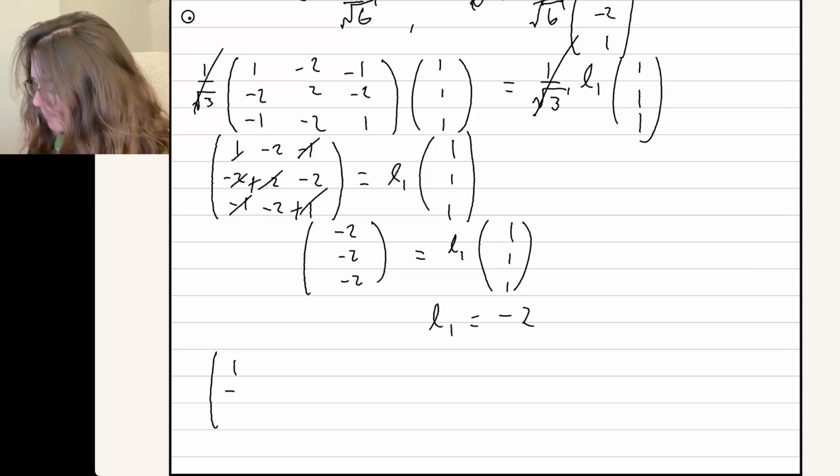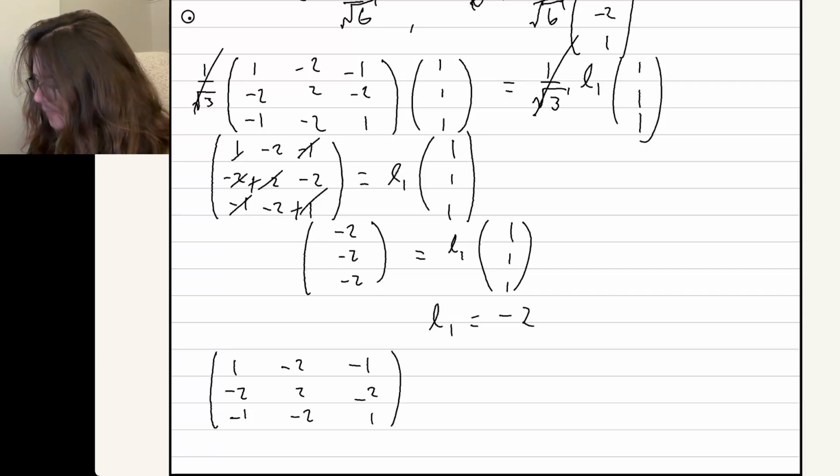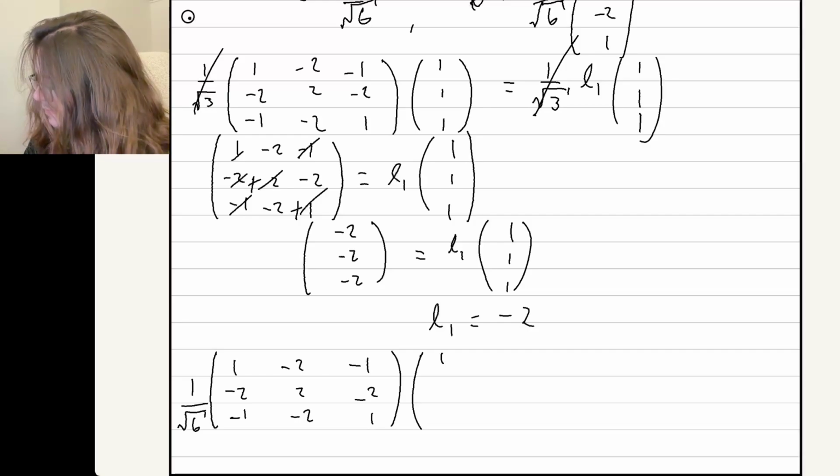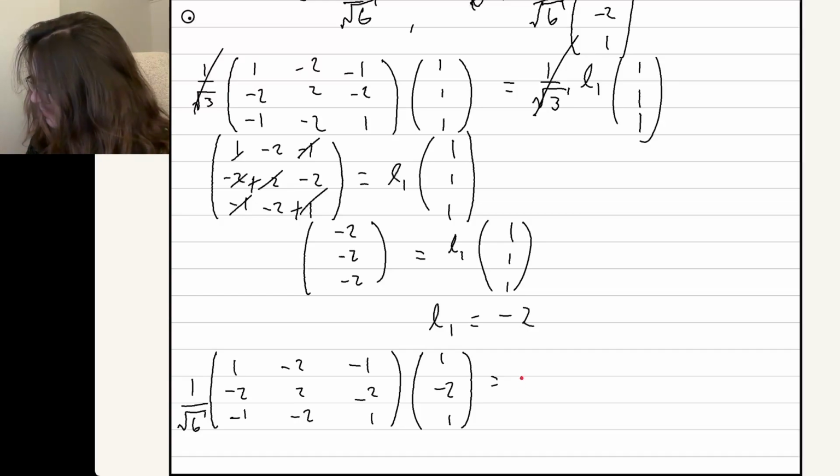Going again, we have the matrix 1, minus 2, minus 1, minus 2, 2, minus 2, minus 1, minus 2, 1 on the left-hand side, which is going to be multiplying the other eigenvector that we found, 1 over root 6 times 1, minus 2, 1. And on the right-hand side, some other eigenvalue of B, which I'm going to call L2, divided by the normalization, times 1, minus 2, 1.